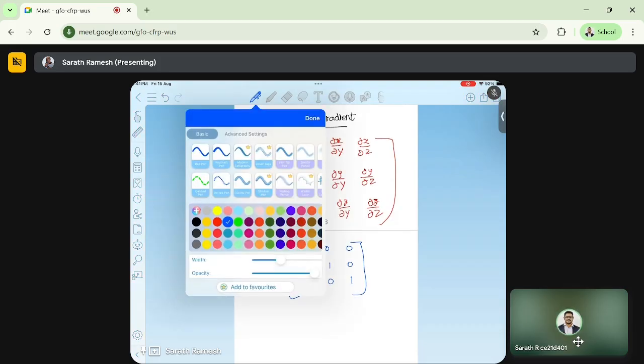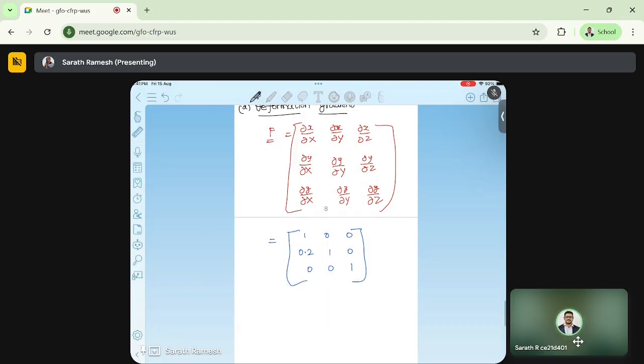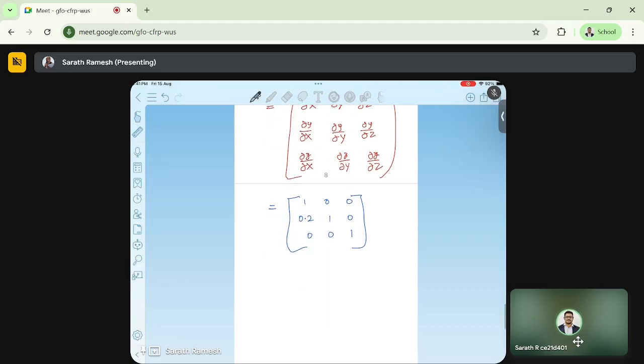Part B, what they are asking: write the Cauchy-Green deformation tensor.